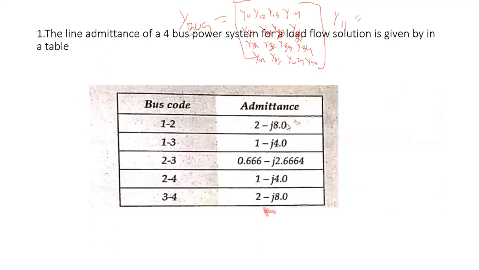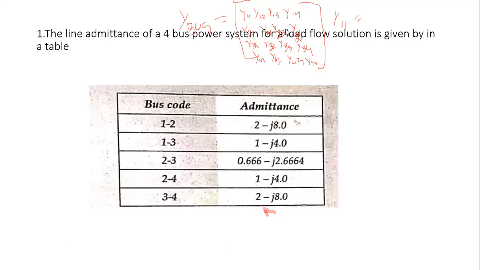Next Y13, 1 to 3 or 3 to 1: minus of 1 minus j40. Next Y14: there is no connection between 1 and 4, so it is taken as 0. Therefore Y14 equals Y41 equals 0.